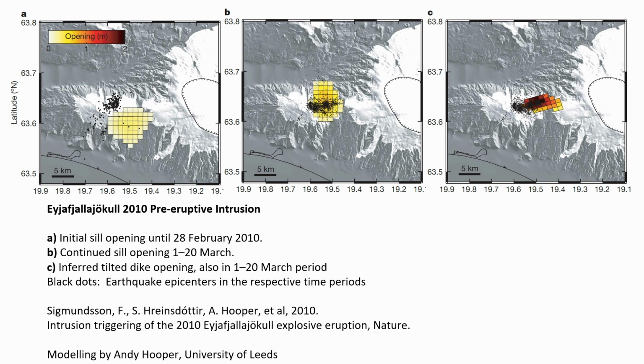The modeling suggests evolution of a complex intrusion in the months prior to the eruption. Opening values represent the inferred mean opening of each patch, only plotted when this value is larger than the estimated standard deviation. Background map shows shaded topography with ice caps in white.